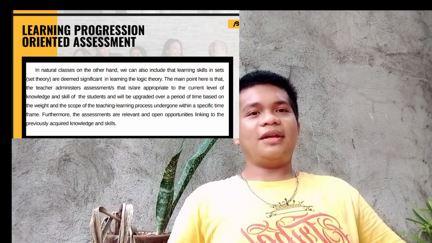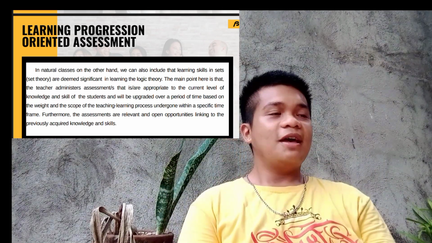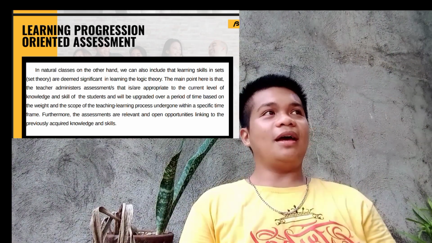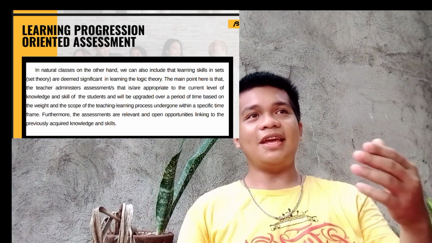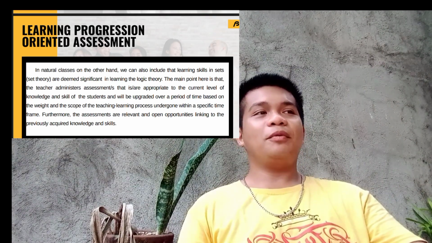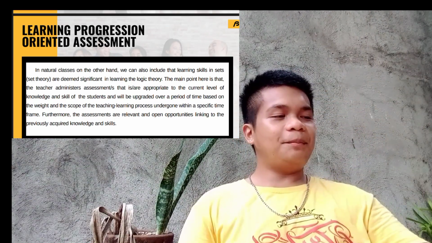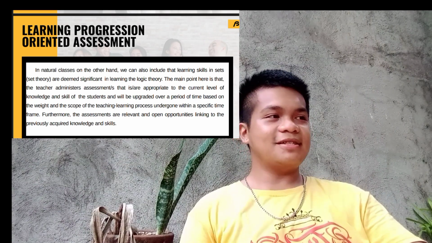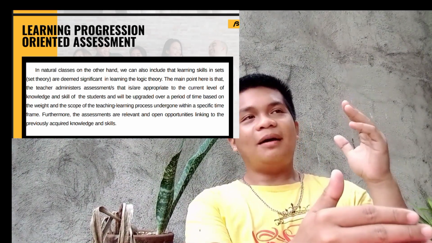So in set theory, it is not just drawing Venn diagrams and going through concepts, but you should master the logic theory, like the if-then statements, and identifying the commonalities of statements, something like that. The essence of learning progression-oriented assessment is that you do not apply just one concept.